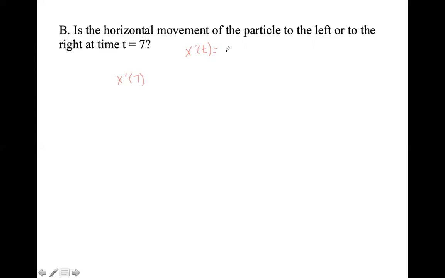So x prime of t would be 2 times a half, which is 1, times (t minus 8) to the power 2 minus 1, which is 1. If I do x prime of 7, I get 7 minus 8, which is negative 1. Since this value is less than 0, the particle is moving to the left.